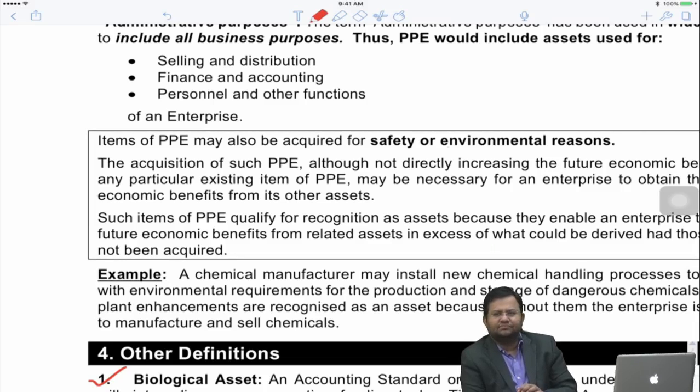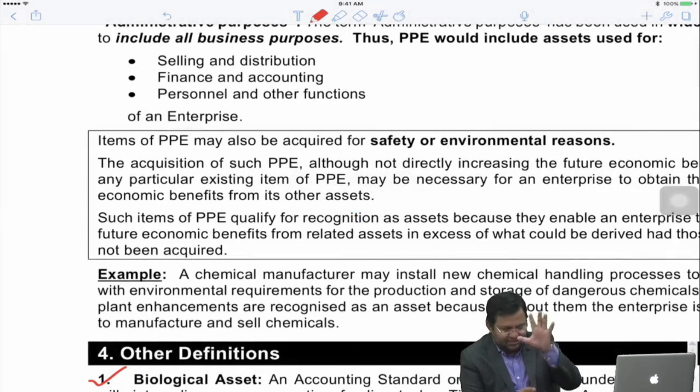Last one. I am DLF. We have purchased land for the purpose of constructing a building and making flats out there.